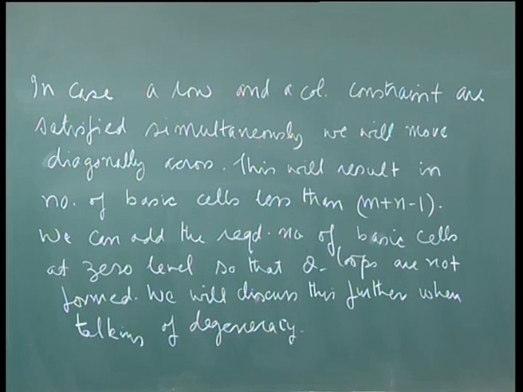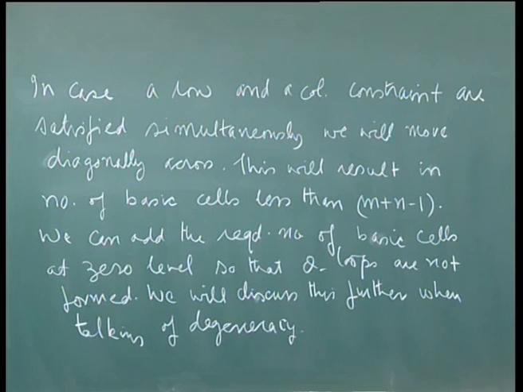In case a row and a column constraint are satisfied simultaneously, this is while discussing the northwest corner rule to obtain a starting basic feasible solution, then we will move diagonally, because I can't move horizontally or vertically, since both the constraints are satisfied. So, this will result in a number of basic cells less than m plus n minus 1. But then we can add the required number of basic cells at 0 level, so that theta loops are not formed.